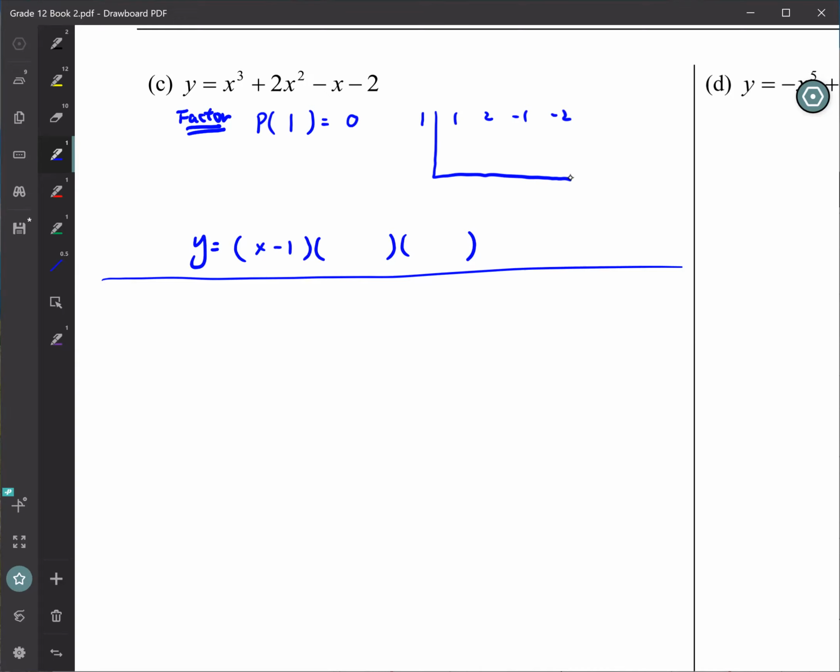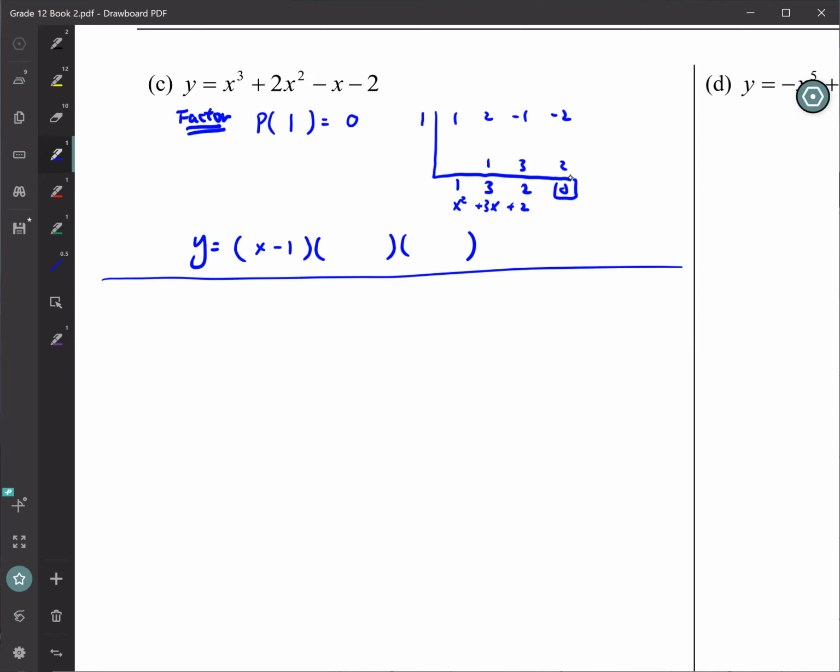We drop down the 1, 1 times 1 is 1, add, and then 3, add, and then 2. So we have our quotient here, x squared plus 3x plus 2. This one we don't need to divide by anything.